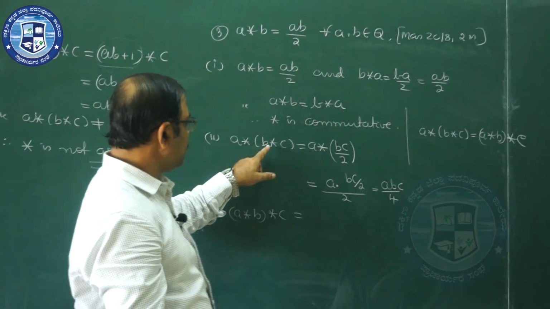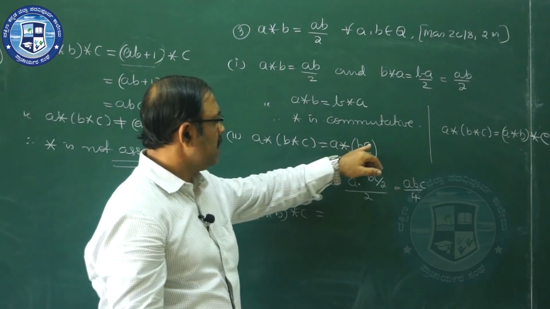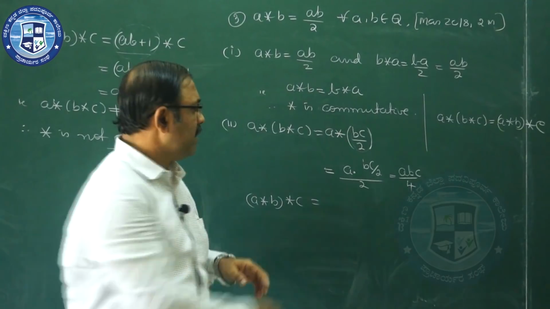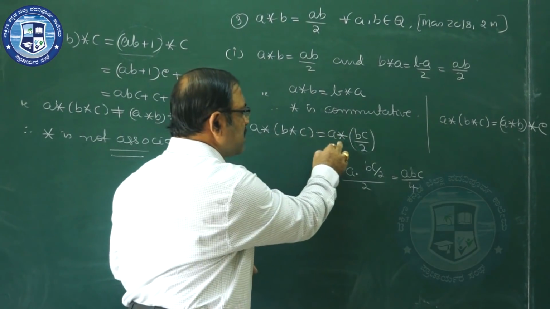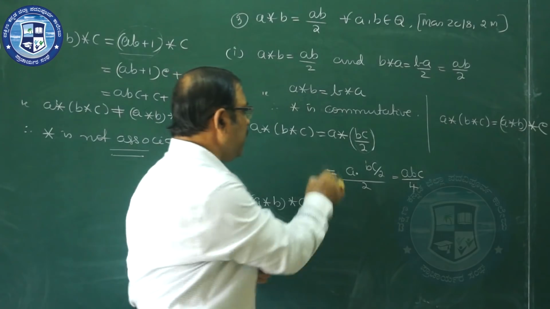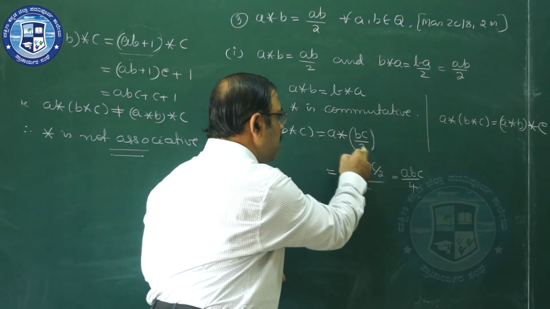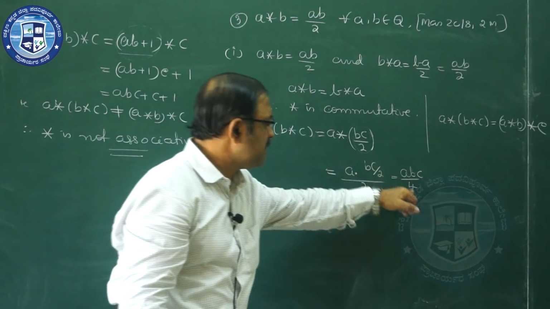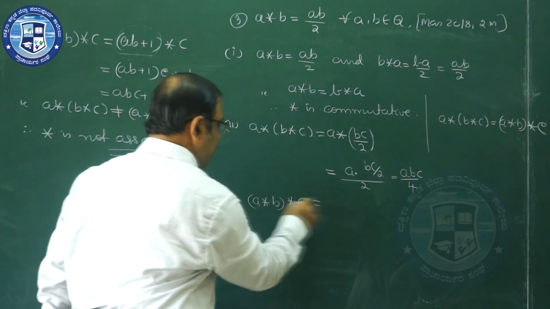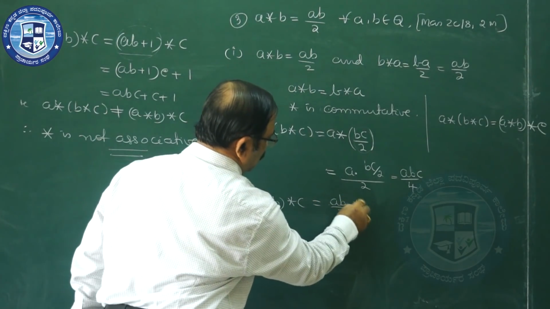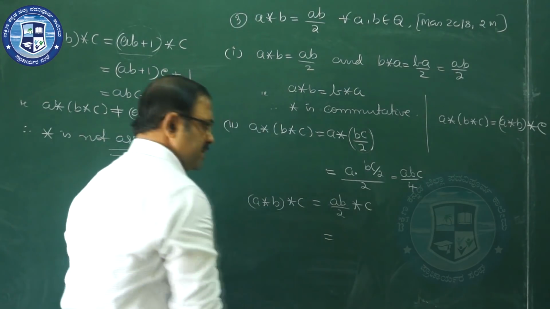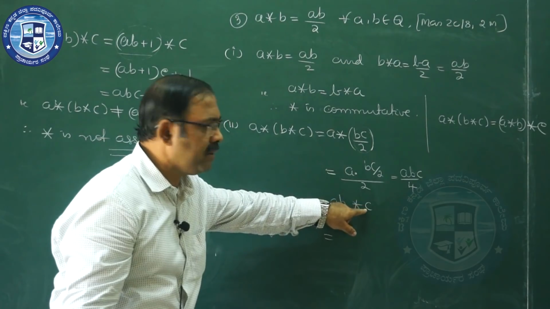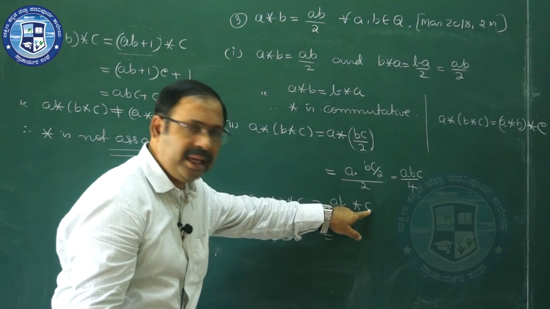Now, also (A star B) star C. See, I repeat this. What is B star C? BC by 2. Now take this as B. Then A star B: what is A star B? A into B by 2, and B means BC by 2. So ABC by 4. Then this is AB by 2 star C. AB by 2 is A star B, A into B by 2.